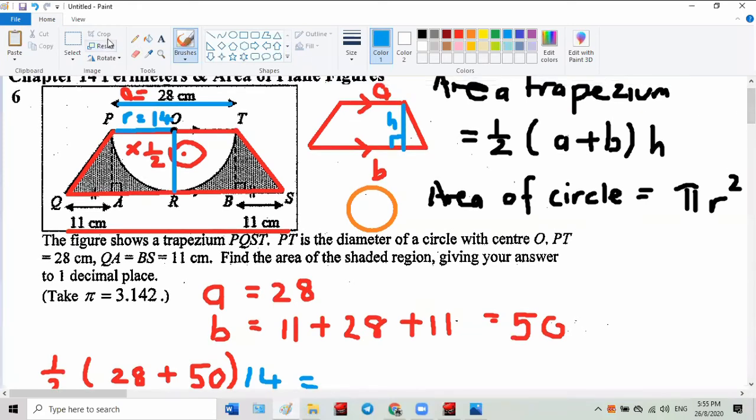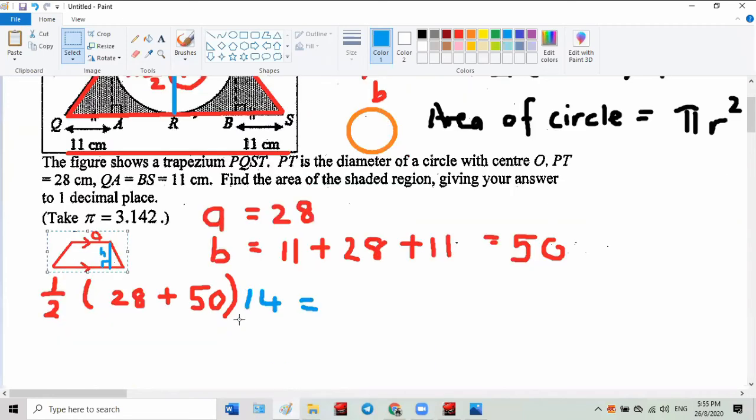So what is the answer? How much is it? 546. We trust this number. So 546. Confirm or not?